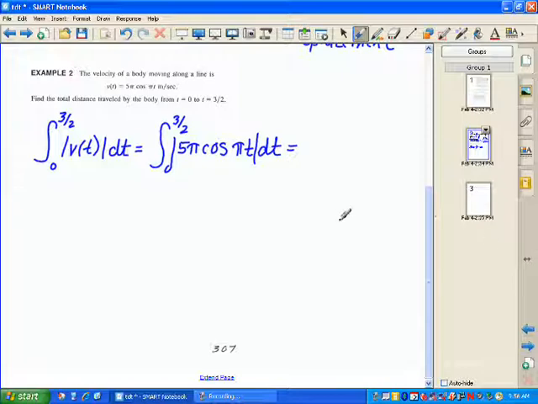If I don't have a picture, I'm going to take my velocity, or whatever equation I'm working with, and set it equal to 0. Okay? In this case, I can divide both sides by 5 pi. 5 pi is a positive number.